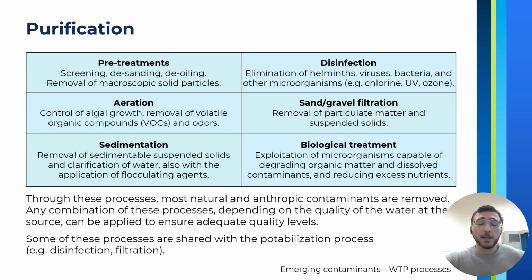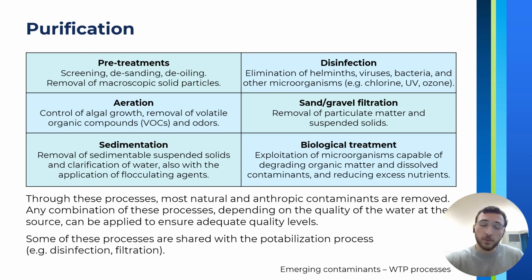In this table, you can see a summary of the most common wastewater treatment processes. We'll look over each of them independently in the next few slides. Overall, through these processes, most natural and anthropic contaminants are successfully removed.